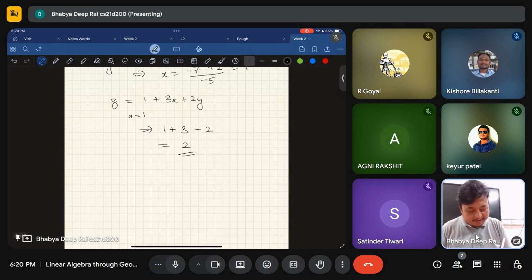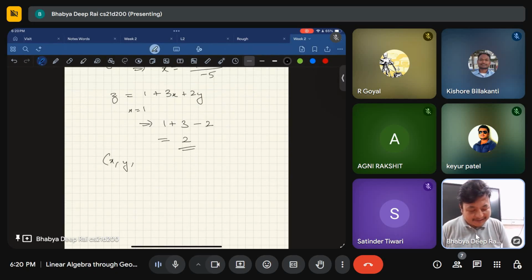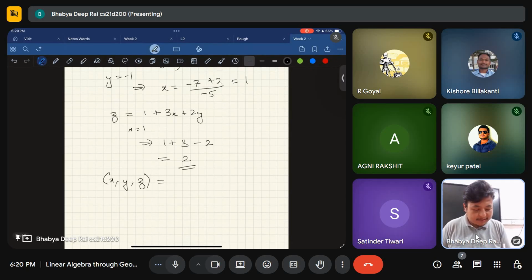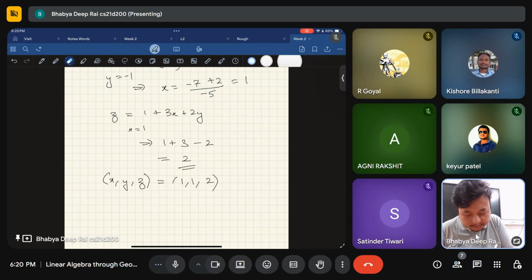So this means the solution x comma y comma z is equal to 1 comma minus 1 comma 2. So this is the solution that satisfies all the three equations.